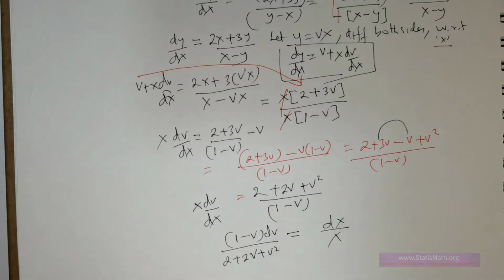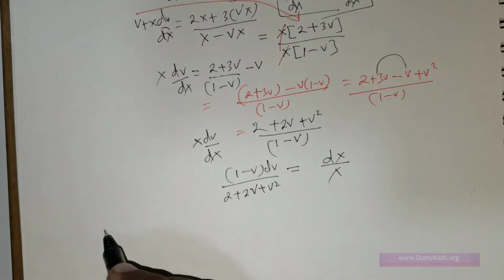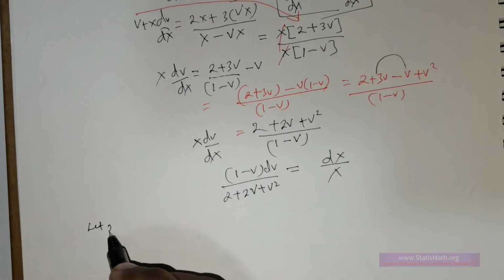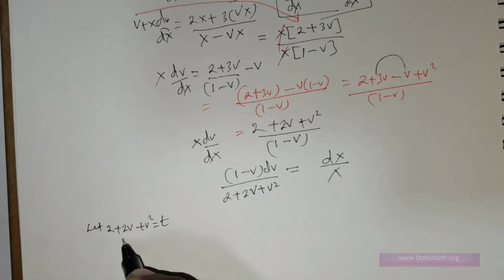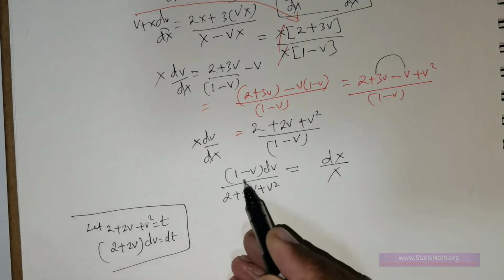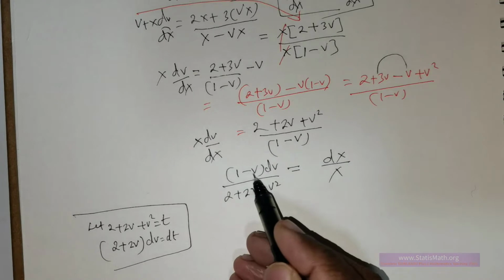Well, now consider the denominator. If I make this substitution, say let 2 + 2v + v² be equal to some t. If I differentiate, I get (2 + 2v) dv equal to dt. But the numerator does not have 2v. It's just got a negative v and a 1.